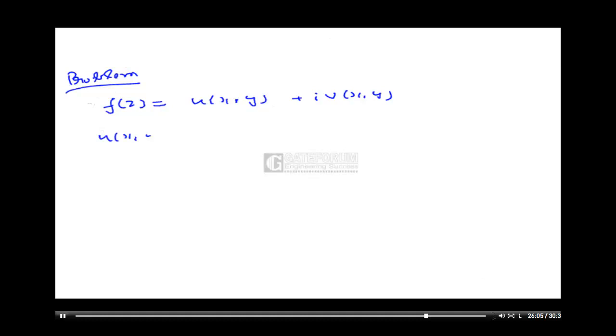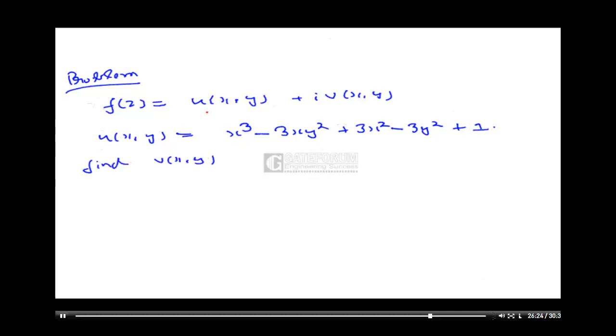Given that u of x comma y is equal to x cube minus 3xy square plus 3x square minus 3y square plus 1, find v of x comma y. When v of x comma y is found, we can find the total analytic function. Solution.